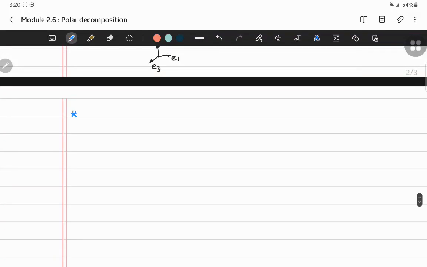This is very, very important, so I may put it in a box. Change of frame is different from change of coordinate.